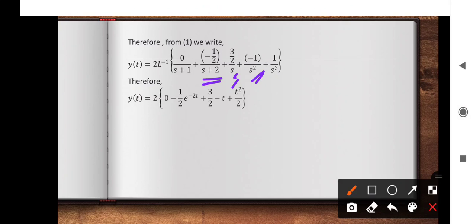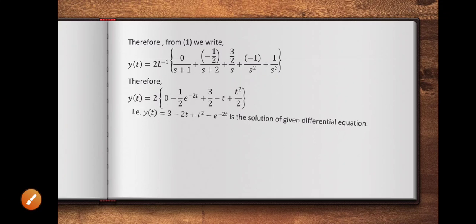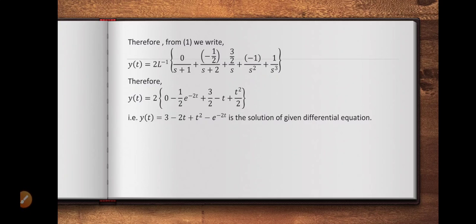Here the standard result method is used to find inverse LT. So in this way you have got y of t, which can be simplified further to 3 minus 2t plus t square minus e raised to minus 2t, which is nothing but the solution of the given differential equation.